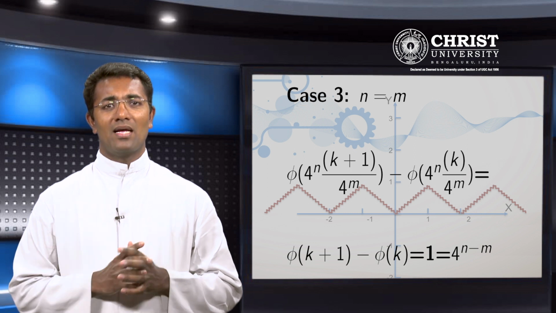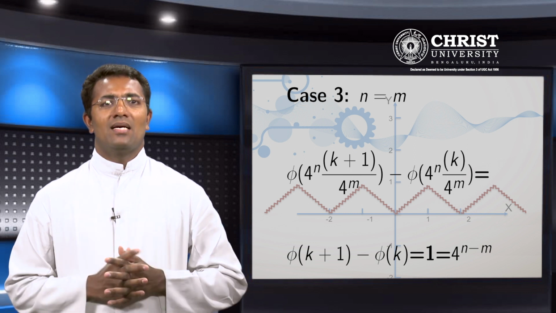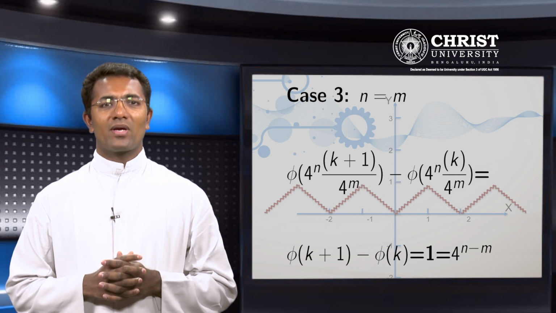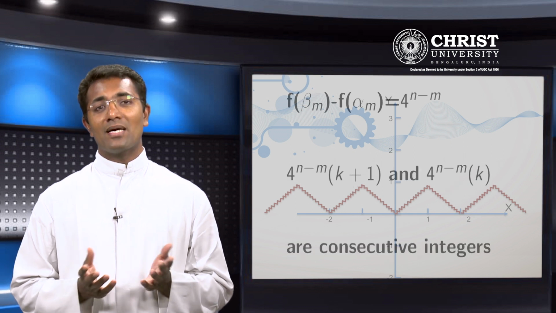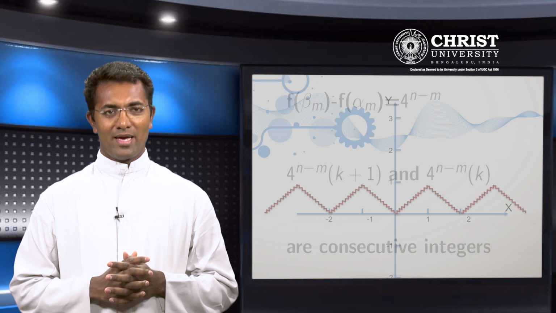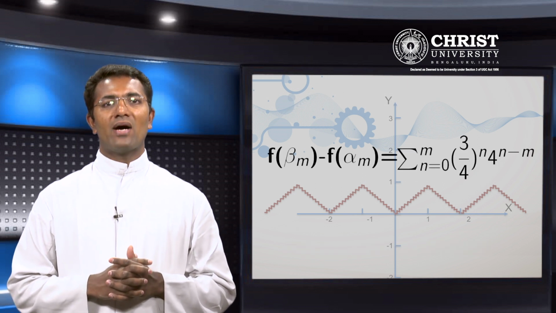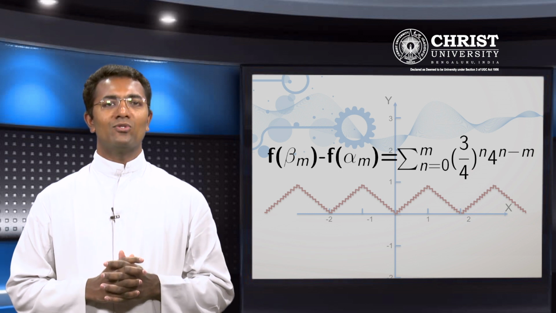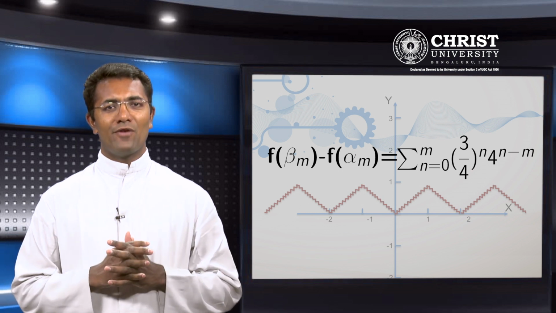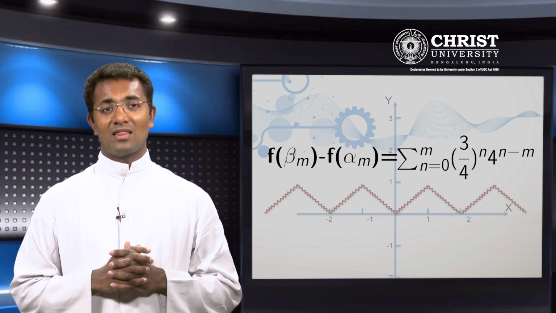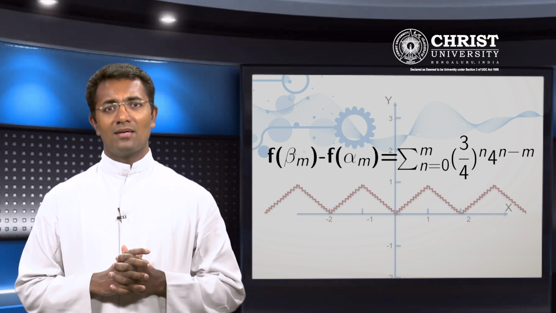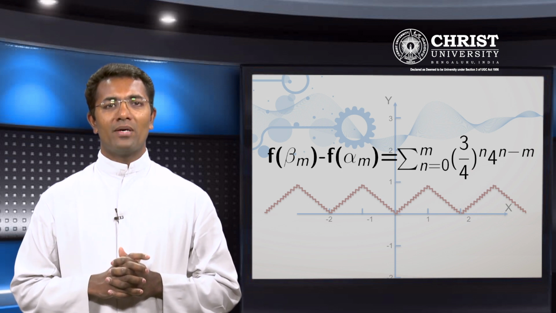It is 1, and we write it as 4 power n minus m as n minus m is 0. Hence, f of beta sub m minus f of alpha sub m reduces to just summation n varying from 0 to m 3 by 4 power n into 4 power n minus m.